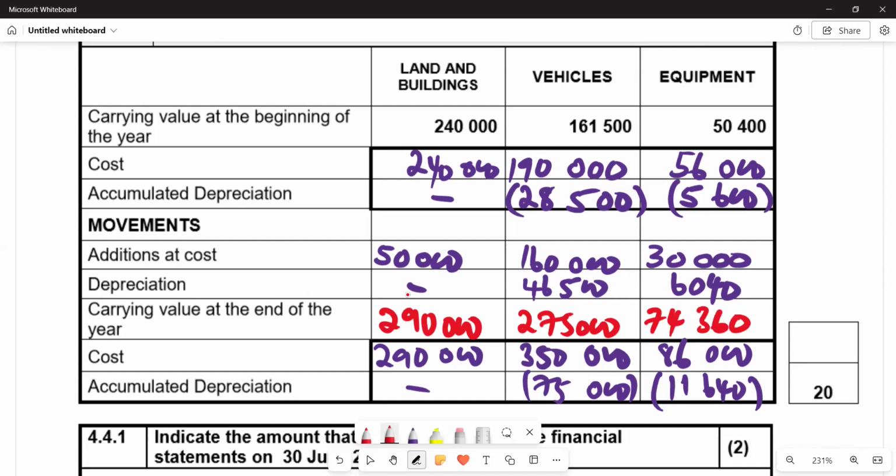So this is the end of our question. We now have our carrying values for all the non-current assets that we have.